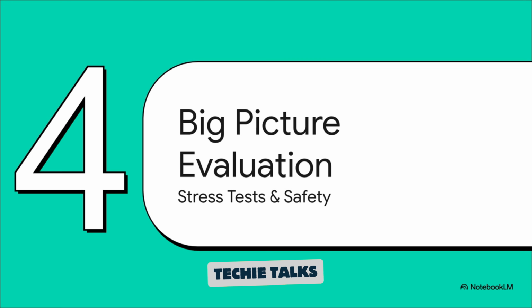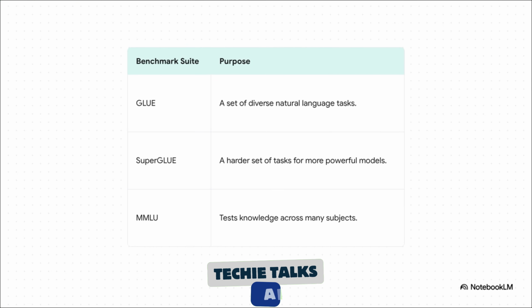Okay, so we've measured the core language skills with our automated tools. We've checked for real-world helpfulness with human raters. Now it's time for the final phase. This is where we put the model through some serious stress tests and give it a final, rigorous safety inspection. So think of these things called benchmark suites as the Olympics for AI.